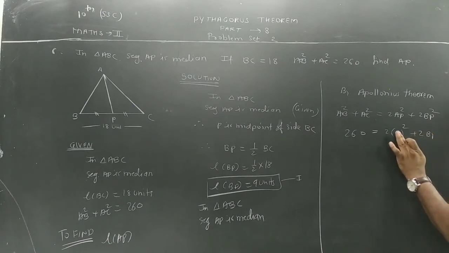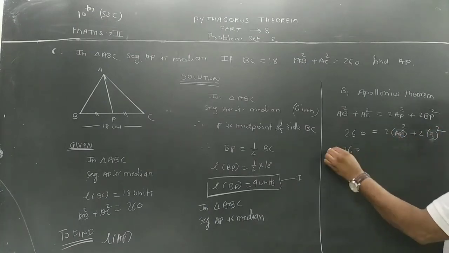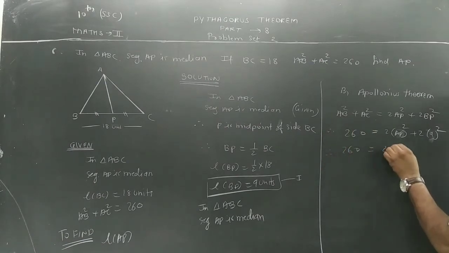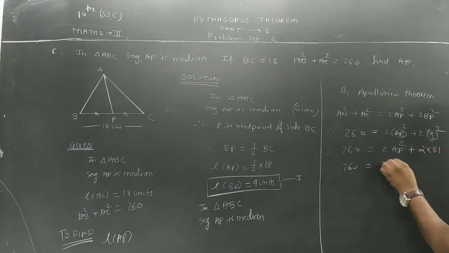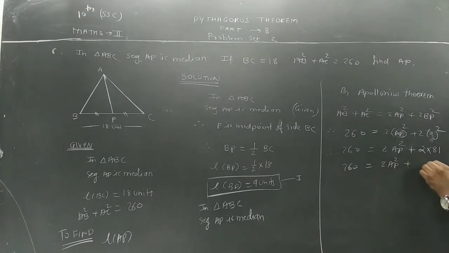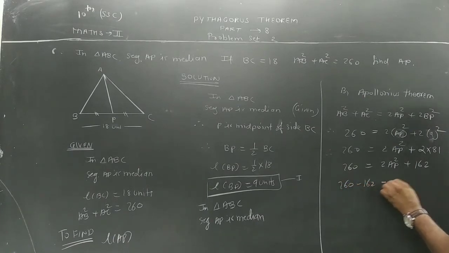Sorry, there is a mistake. It will be AP square only and BP is 9 square. So 260 is equal to 2AP square plus 2 into 81. So 260 is equal to 2AP square plus 162. So 260 minus 162 is equal to 2AP square.